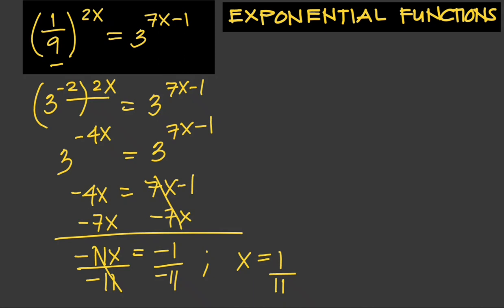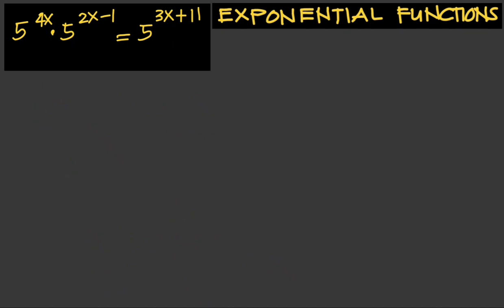If we have several factors with the same base on one side of the equation, we can just add the exponents using the product rule: a to the m times a to the n is just equal to a to the m plus n.